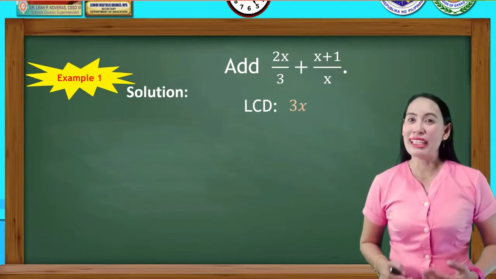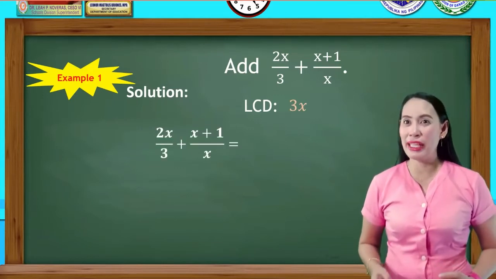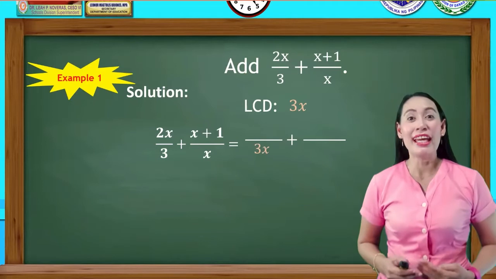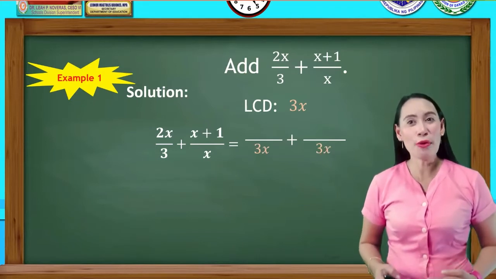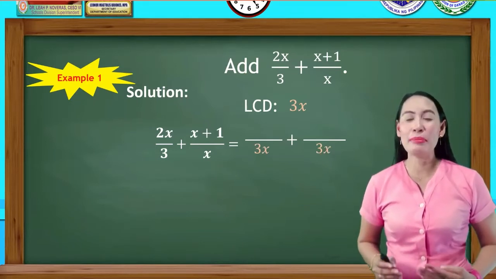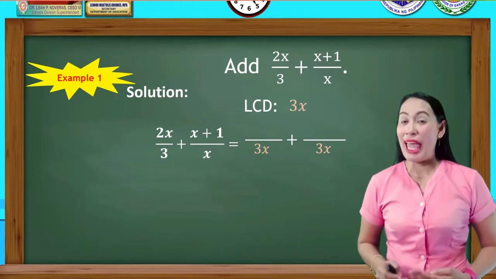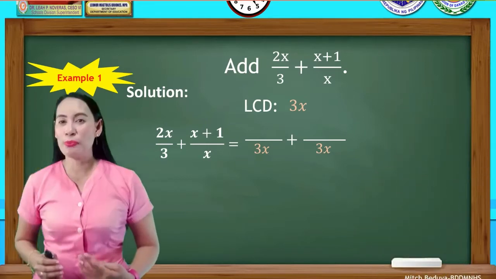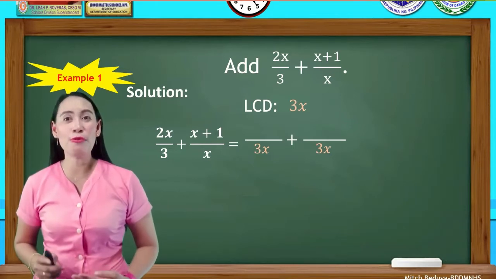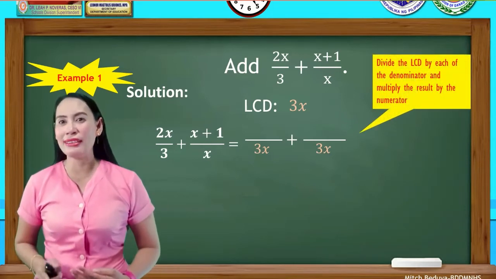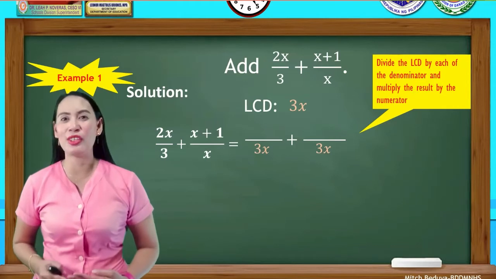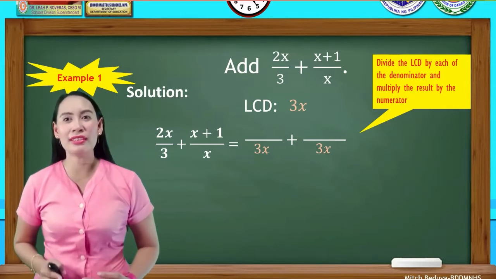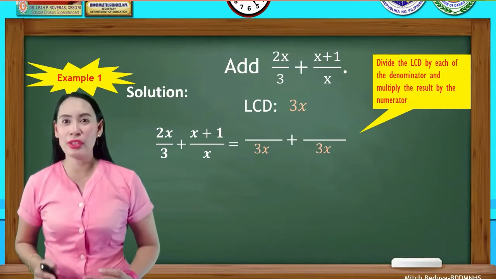Now, set the LCD as the denominator of the new fractions. This will make the new expressions similar fractions and equal to the original expressions. To obtain the numerator of the new fraction, divide the LCD by each of the denominators and multiply the result by the numerator of the former fractions.